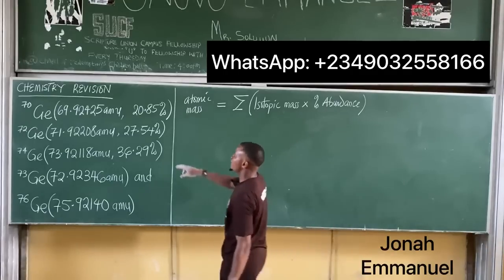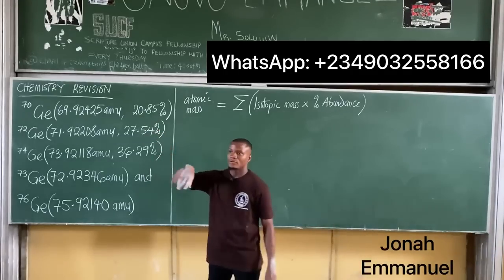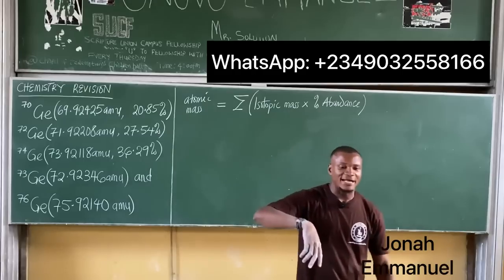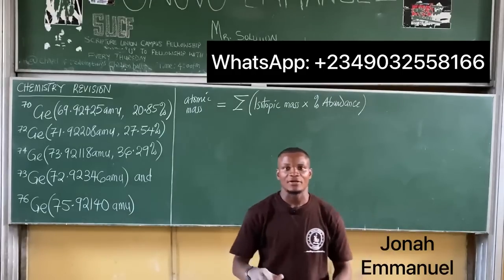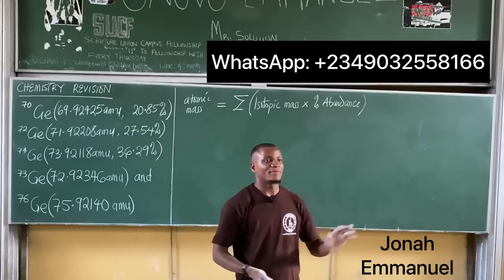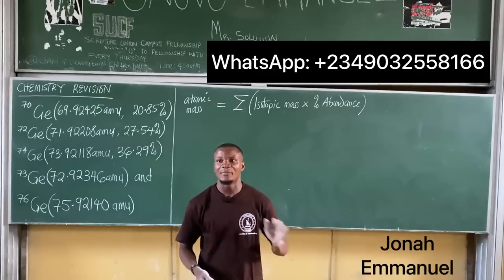The percentage abundance, or relative abundance, it's the same thing, either called a percentage abundance or a relative abundance, for each isotope.